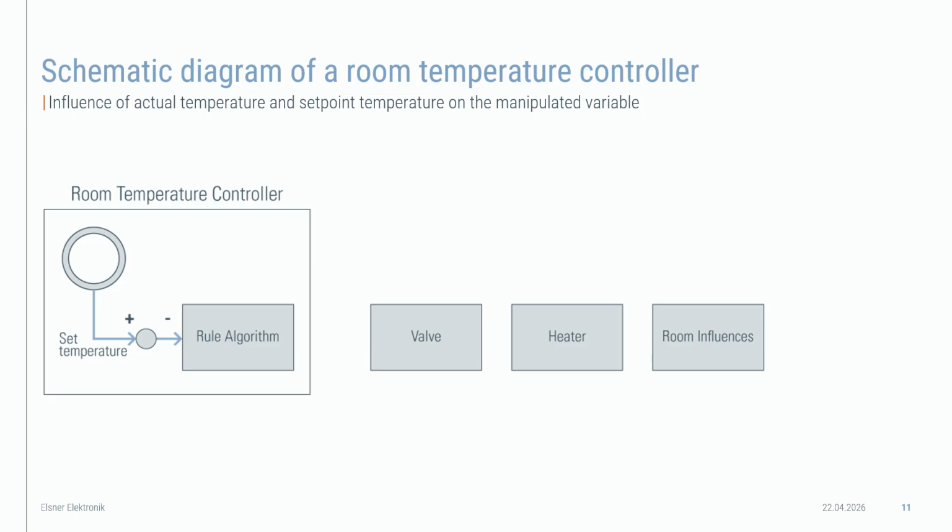The warm water then flows through the radiator or the heating circuit and releases its heat into the room, thus affecting the actual temperature. This room temperature can also be influenced by other factors. The room controller then records this temperature again, thus creating the control loop. And here we can see the direction of the logic.